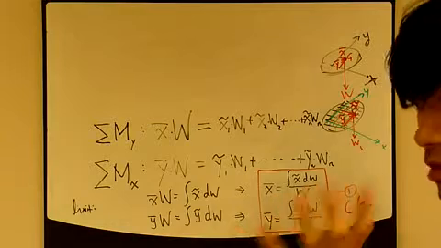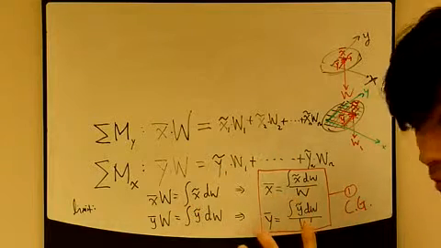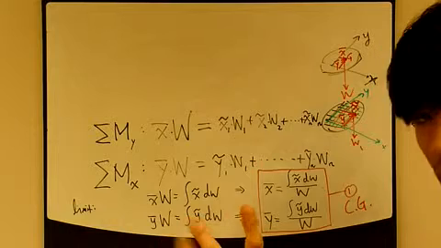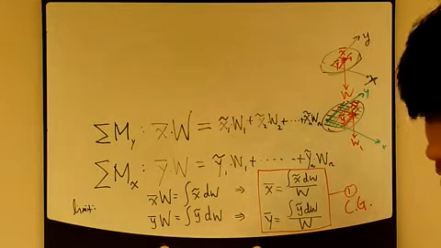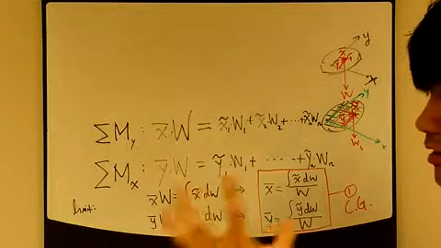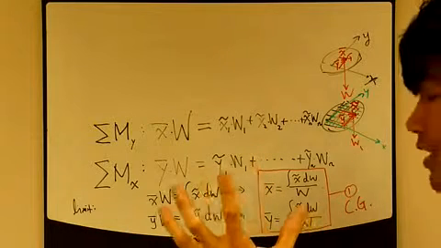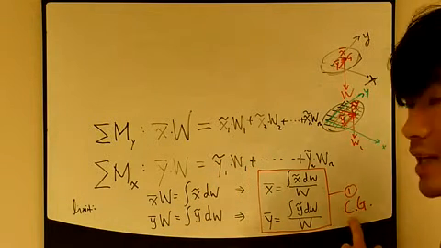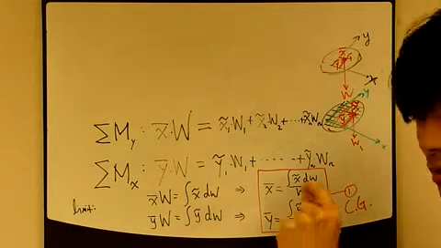Which means that this rigid body is made of just one single material, of the same density everywhere on the rigid body. If that's the case, then the location of the center of gravity will be exactly the same as the centroid.